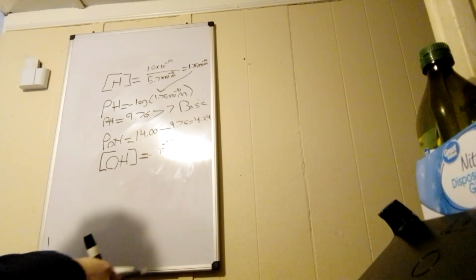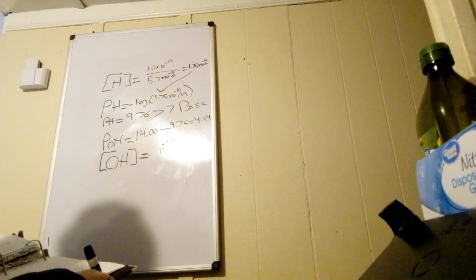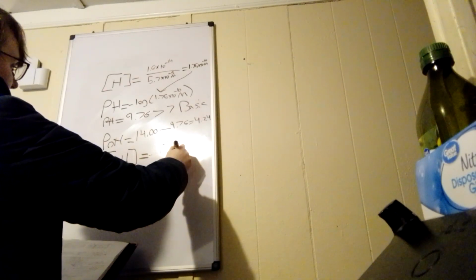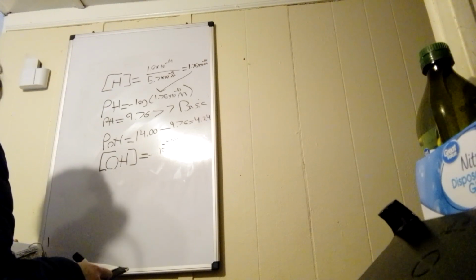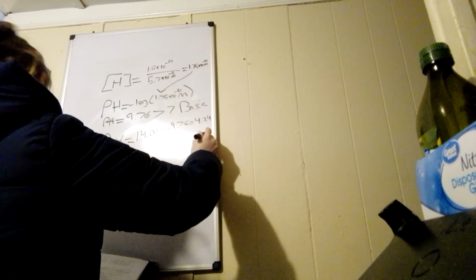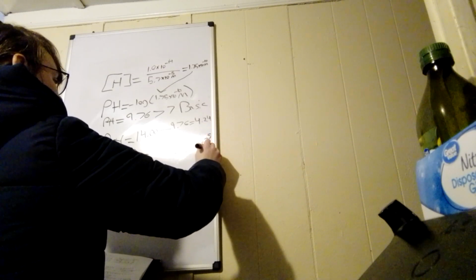So basically, to find OH, we were able to find it when we set it equal to 10 raised to the negative pOH. Same can go with if you need to find H, depending on what you start with, which gives us our starting number, which is 5.75 multiplied by 10 raised to the negative 5. And make sure you add your M.